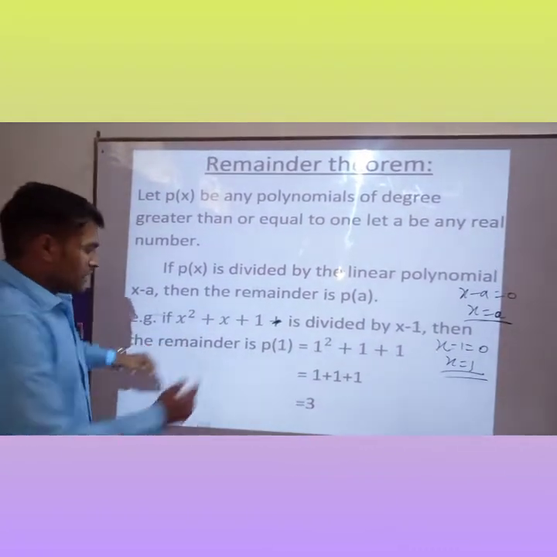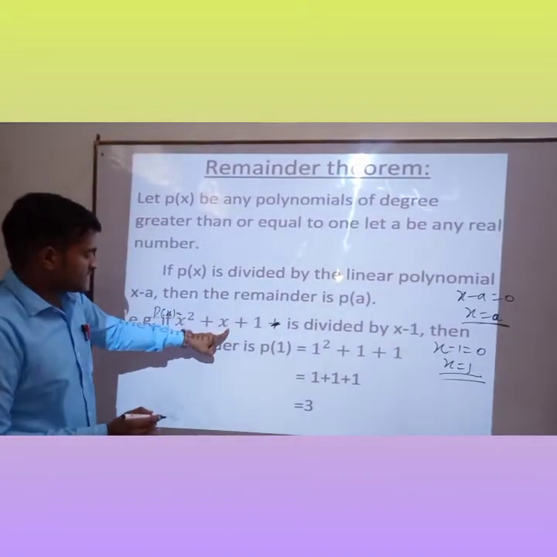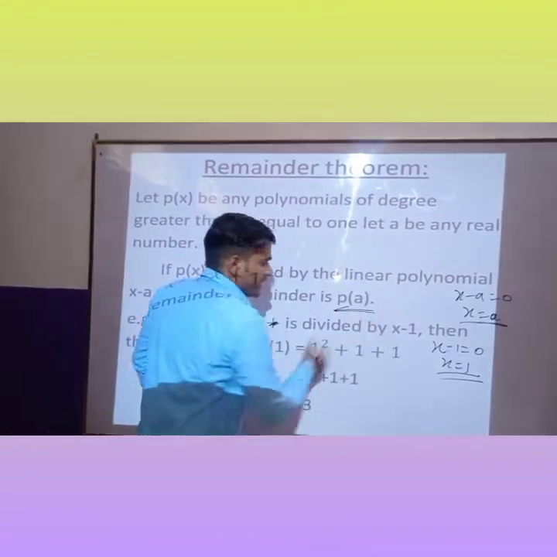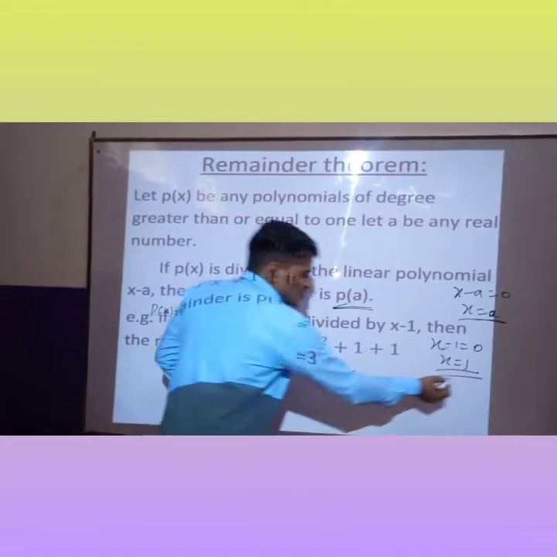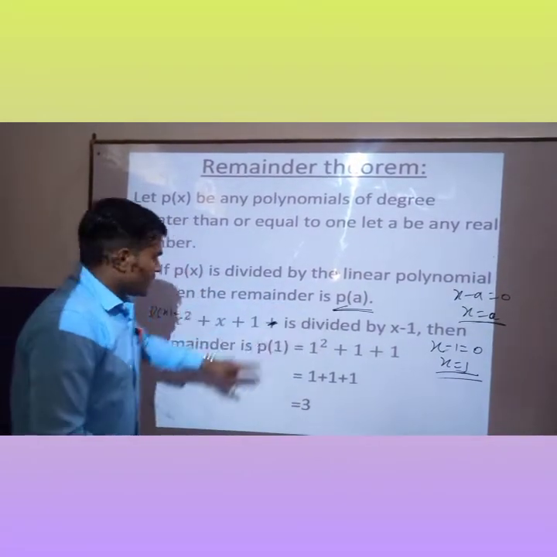Now we have to find the remainder. P(x) is equal to x square plus x plus 1, and the remainder will be P(a). The zero of x minus 1 is 1, so replace a by 1.